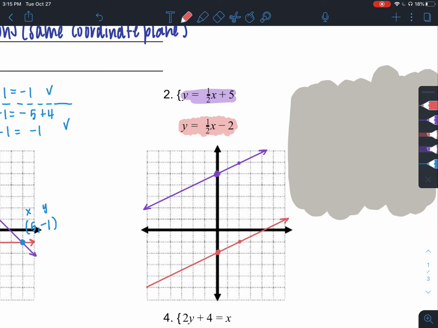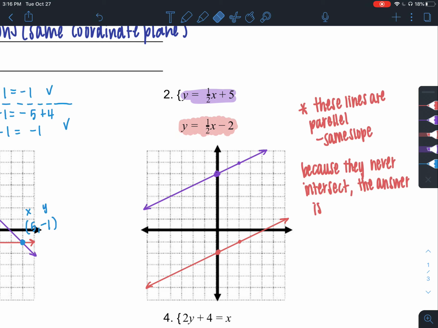There we go. All right, so you should notice that these two lines are parallel because they're never going to touch. Okay? Because they never intersect, the answer is going to be no solution. We could have noticed right away that this slope is 1/2 and this slope is 1/2, and so we should have known right away that those had the same slope.